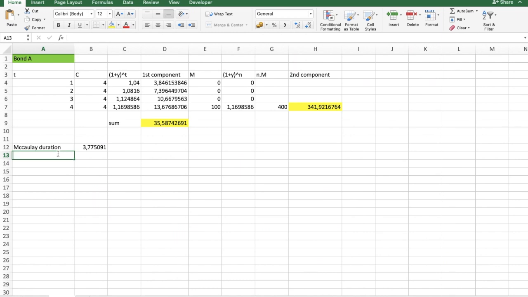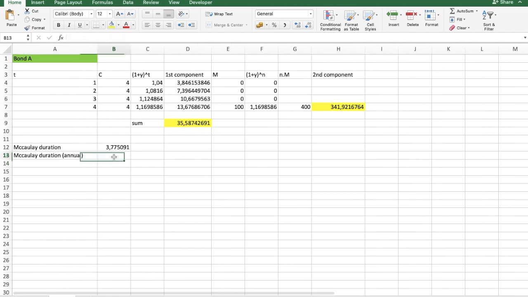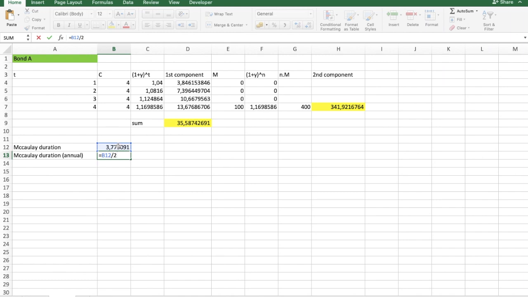So in order to have the annual Macaulay duration, we have just to divide by the number of periods per year, which is 2. So equal the semi-annual one divided by 2.